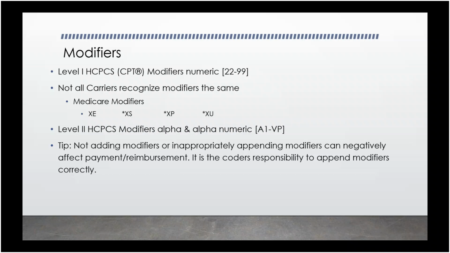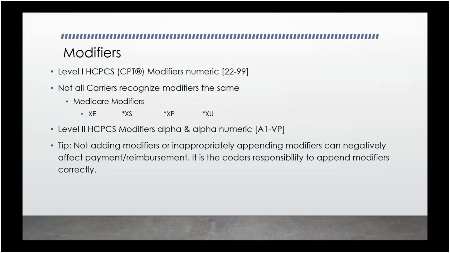So again, this is where Medicare differs from CPT, meaning Medicare uses, instead of modifier 59, they want specifics. XE is a separate encounter. XS is a separate structure. XP is a different provider. And XU is distinct from the other procedure, from the comprehensive code. So we would use XE through XU instead of 59.